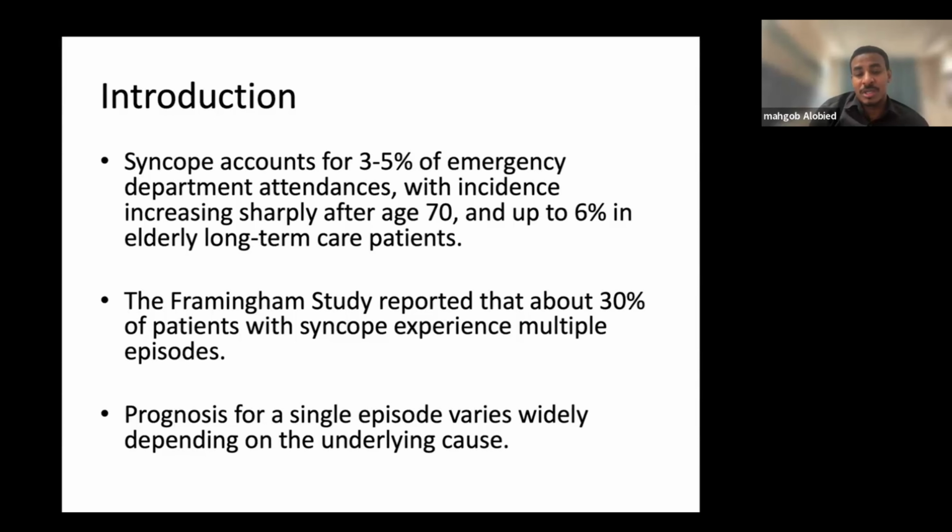Most of the studies show that patients will come with multiple episodes, like 30% of patients. It will not always be one episode. And as is known, the prognosis changes according to the underlying cause and the reason. That's what we will see soon.